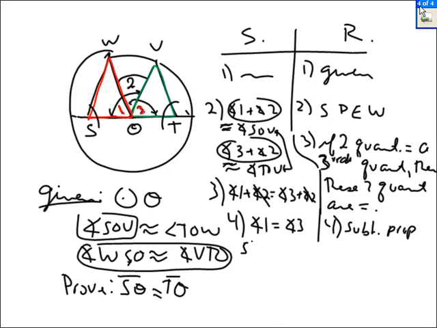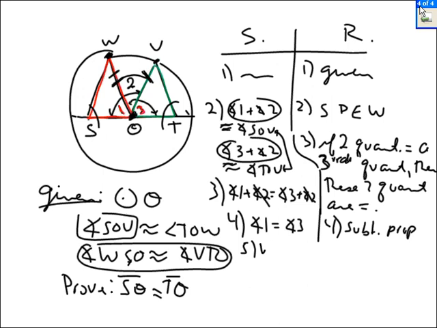Now, I want to pretty much conclude that WO and VO are equal, congruent. And why is that obviously true? Why is WO and VO equal in length, congruent? Because each of them is the radius of the circle. Any line segment that goes from the center of the circle to a point on the circle is a radius.